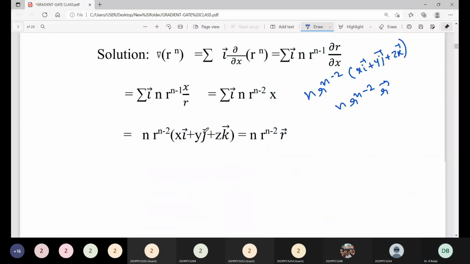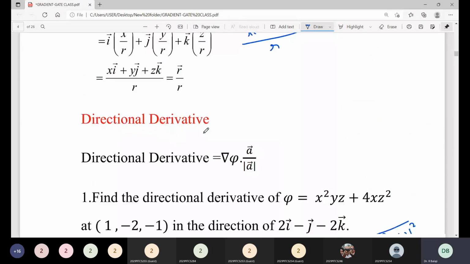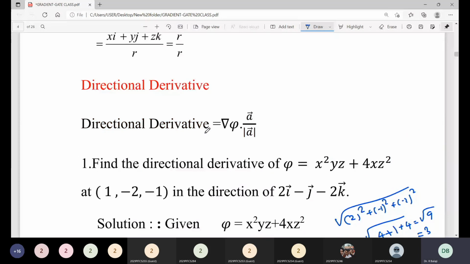Next, directional derivative. The directional derivative is del pi dot a vector divided by modulus of a vector. Definitely you can expect a problem from the directional derivative. Most of the GATE examinations will ask directional derivative problems.